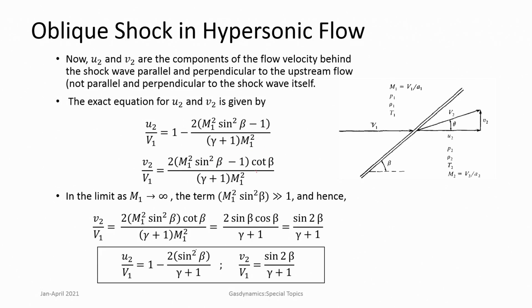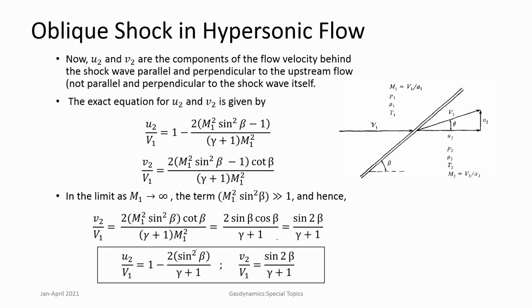So this can be accomplished, and again we apply the limit that Mach number goes to very large values, M1 goes to infinity. Then we find that u2 by v1, that is the parallel component for the shock, goes as 1 minus 2 sin square beta by (gamma plus 1), and v2 by v1 goes as sin 2 beta by (gamma plus 1).